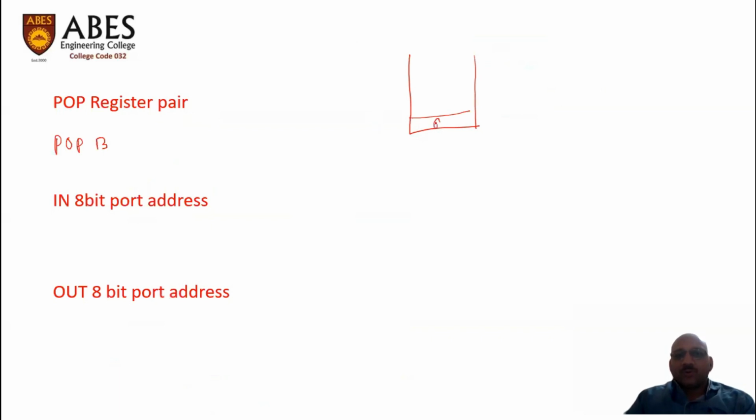So 04 is in 2098H, and 06H is in 2097H, and currently the stack pointer has the value 2097H. So when we write pop B, it will retrieve the value of the BC register pair from the stack.